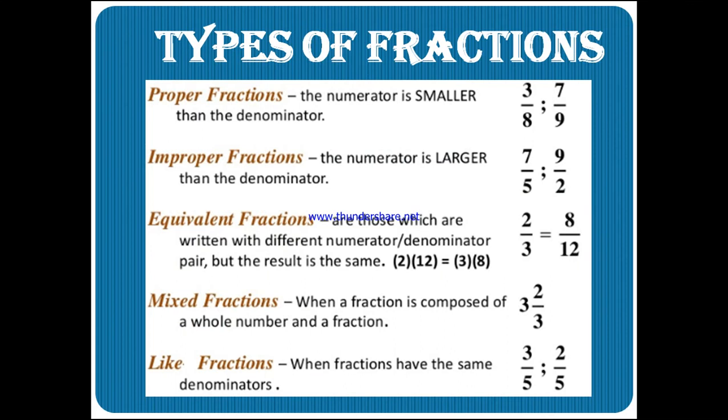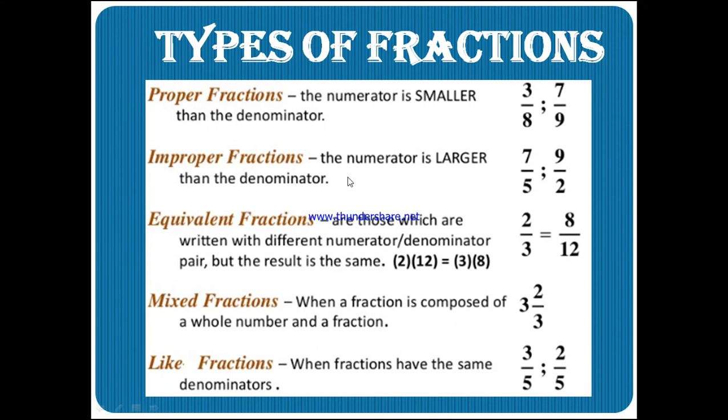Let's see types of fractions. Proper fractions: the numerator is smaller than the denominator. When you make a whole into equal parts, each equal part is a proper fraction only. How will it be the proper fraction? The numerator is smaller than the denominator.